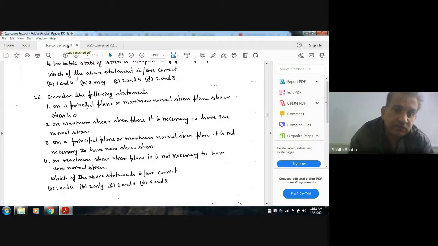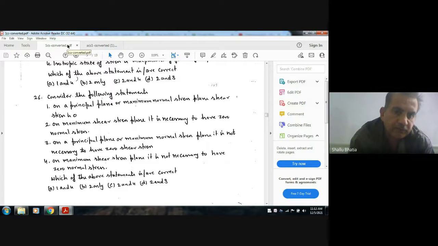In case of pure shear, the normal stress is zero on the maximum shear stress plane. But whenever there is no pure shear, normal stress occurs whose value is (sigma 1 plus sigma 2) by 2, or (sigma x plus sigma y) by 2. So the second is incorrect.